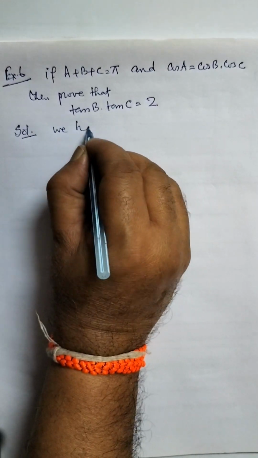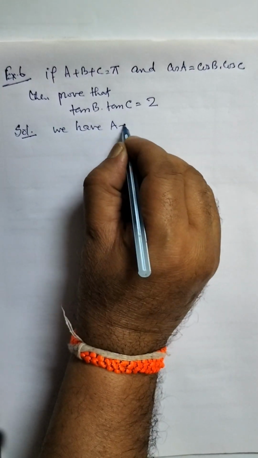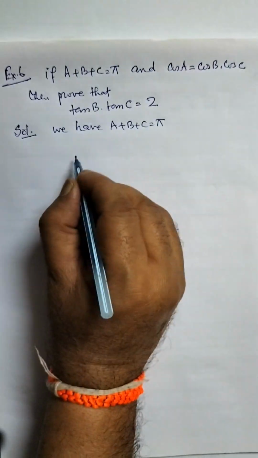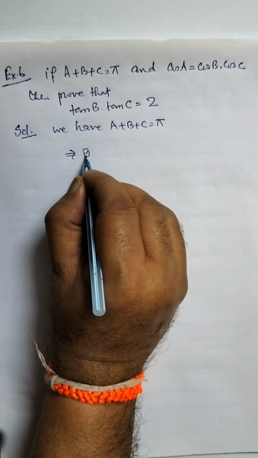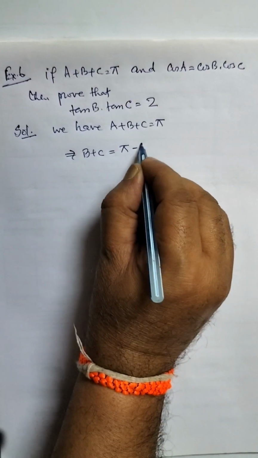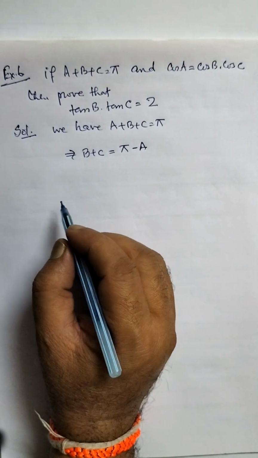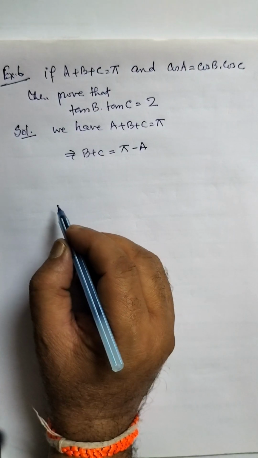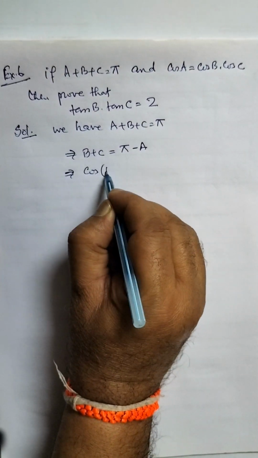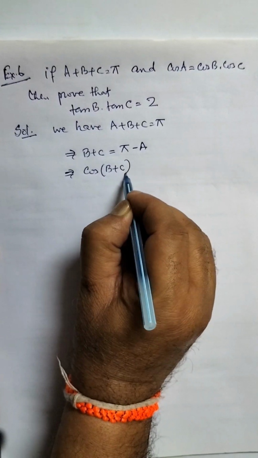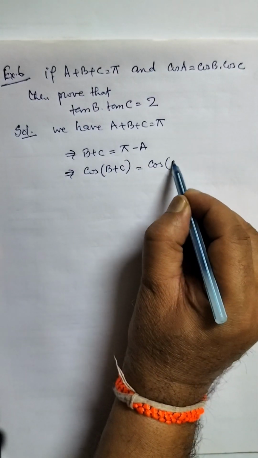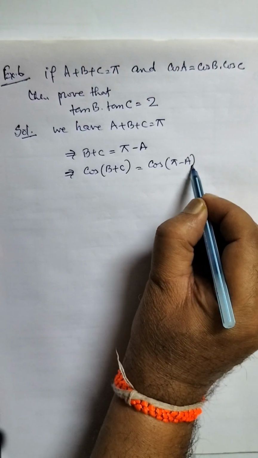We have a plus b plus c equals to pi. That implies that b plus c is equal to pi minus a. Now taking cosine of both the sides, I will get cos of b plus c is equal to cos of pi minus a.